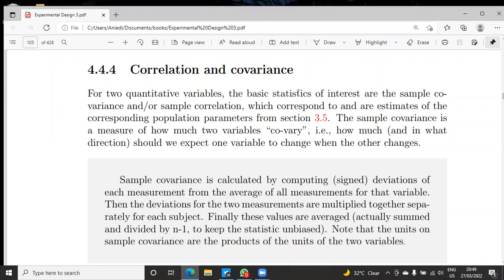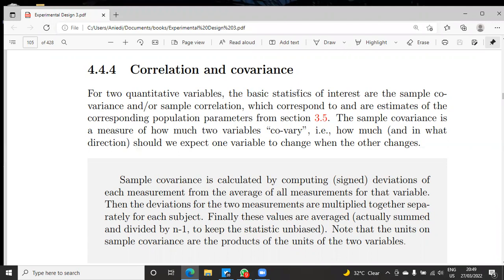So correlation tells you the degree of how close they are. Covariance tells you their displacement. So you can actually use correlation to measure covariance. When the correlation is strong, the covariance is very small.